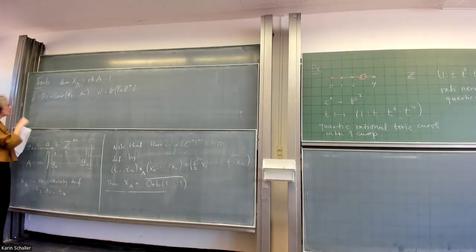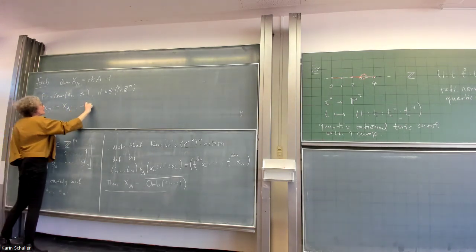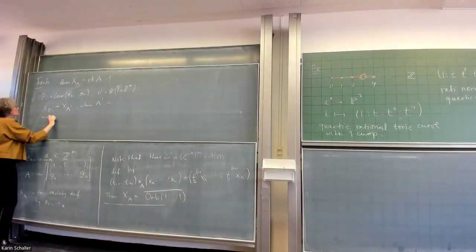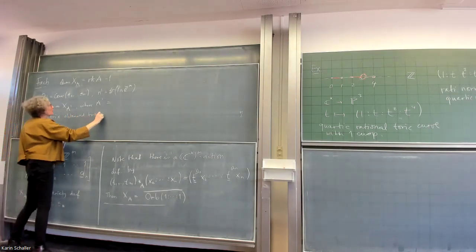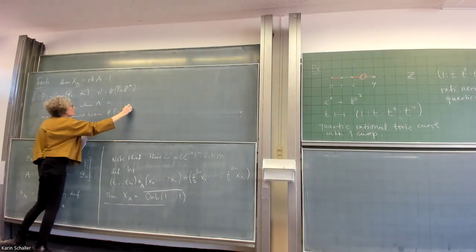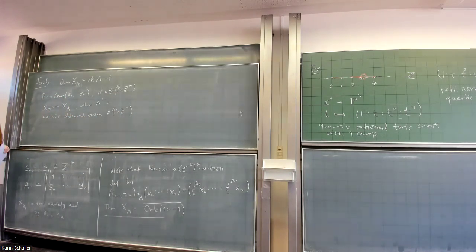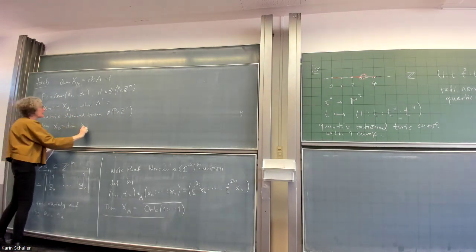But if I take all of them, I can define XP to be XA prime, where A prime is the matrix obtained from all the lattice points here. And what you can then see is that the dimension of XP is the same as the dimension of XA.